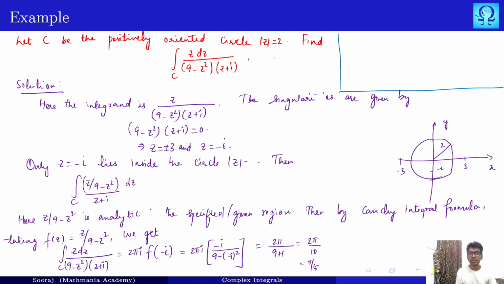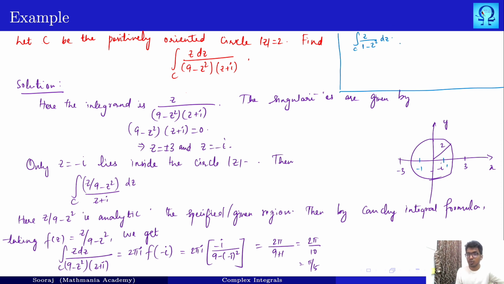Over the same circle, if you are asked to integrate z upon 1 minus z squared, then inside the circle you are able to identify the points 1 and minus 1, right? So both of the singularities of this function are inside it.